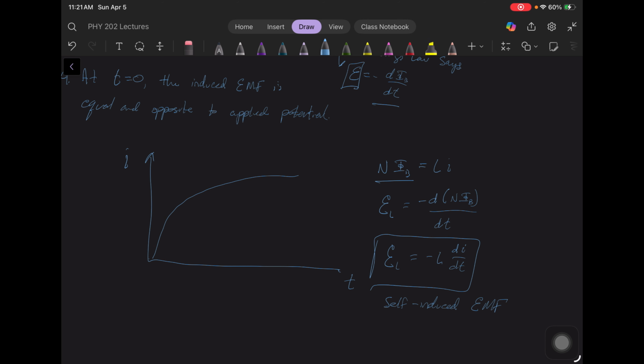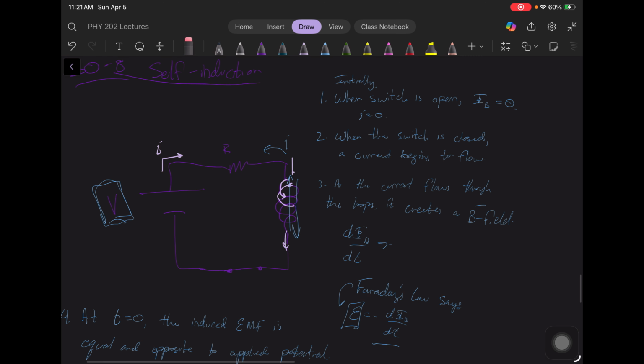The whole idea behind self-induction is the coil here is making the magnetic field that it is then reacting to. So it creates a magnetic field which changes the flux through it, so it induces an EMF to oppose that, but the battery wears it down over time.